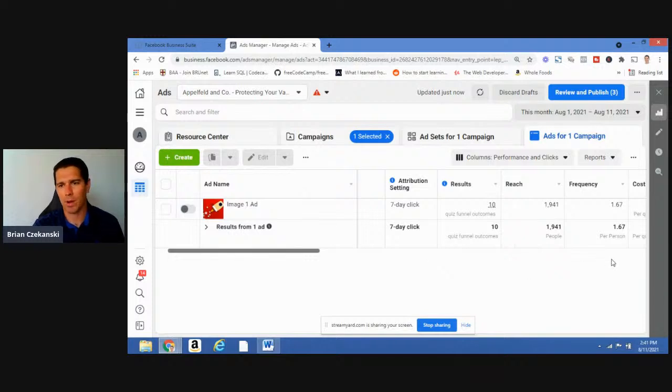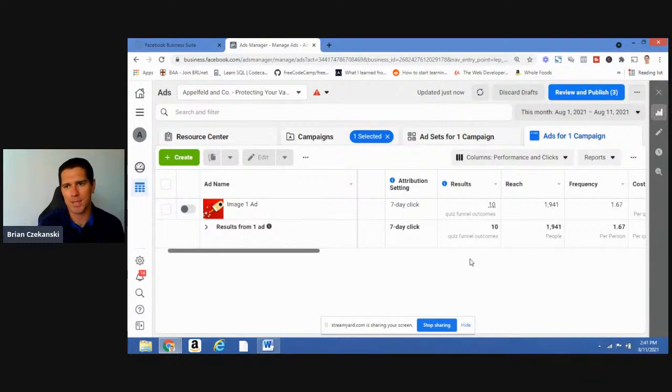And the frequency just means, within your targeting space, how many times that specific market saw this ad. You can see the frequency was a little over one time. So within the specific market that I was targeting, some people saw it 2 times, some people saw it 1 time, but that gives you an idea.